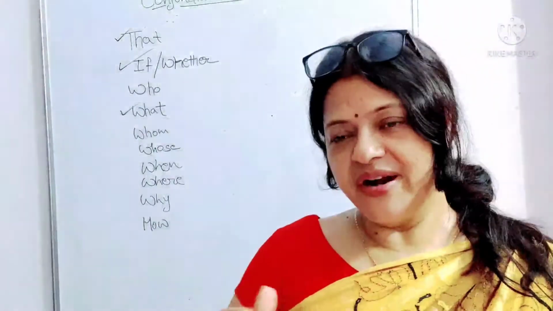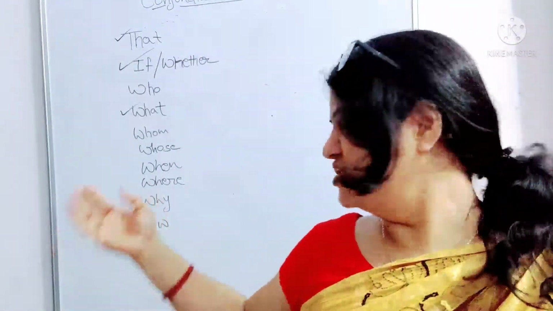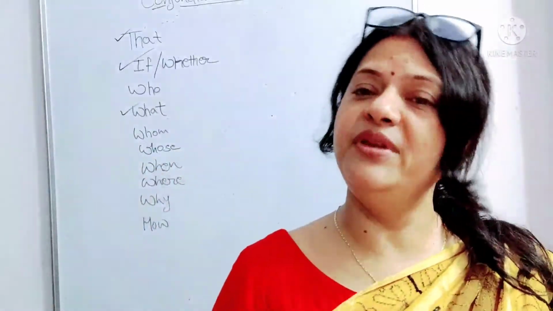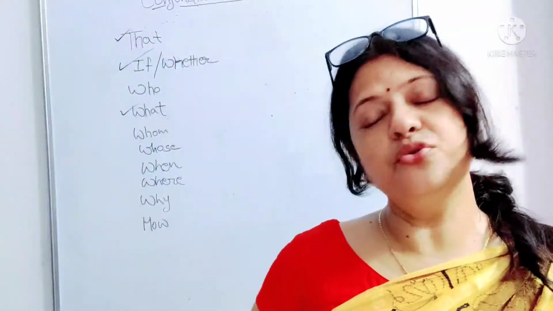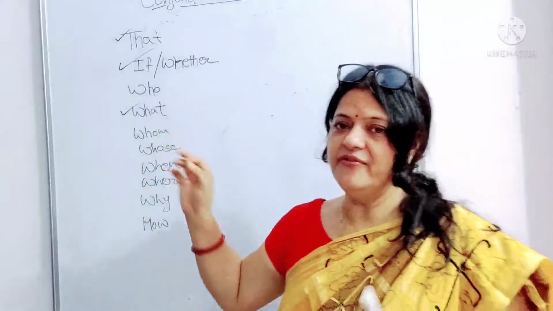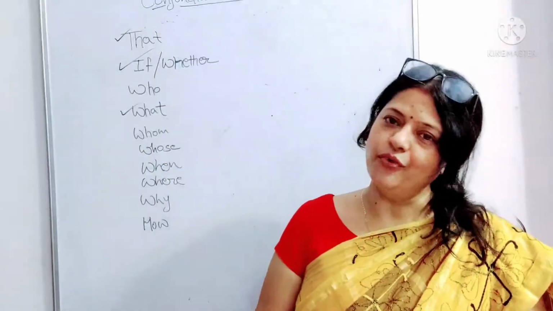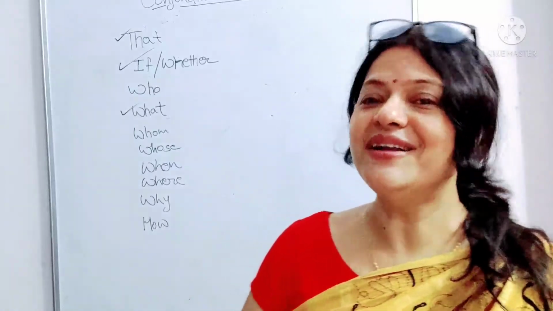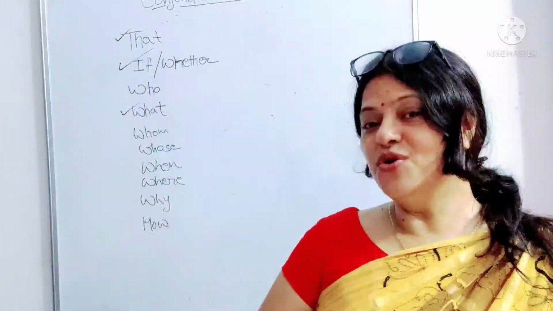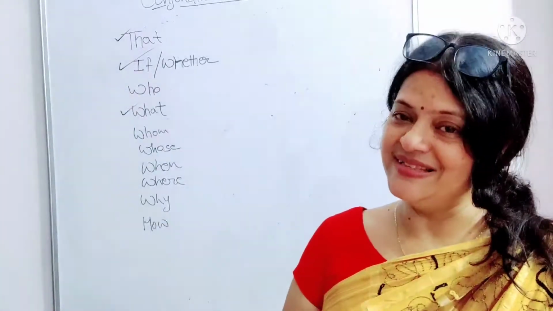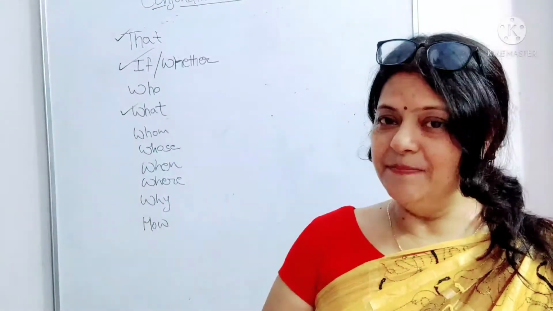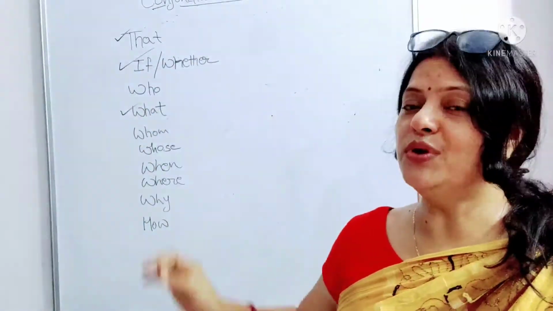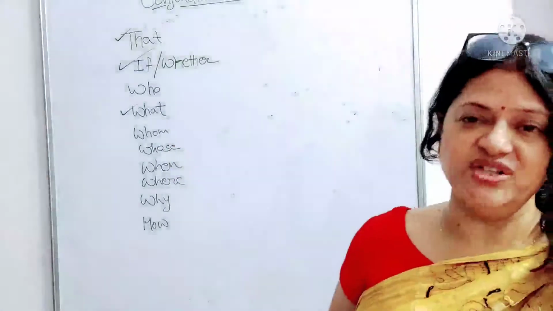So when you are adding two sentences, these conjunctions automatically come in the sentence, so you don't need to know much about them. So if, whether, that and what are the conjunctions we will work with. So let's see how we can add two or more than two simple sentences to make one simple sentence by using noun clauses, by using these conjunctions.